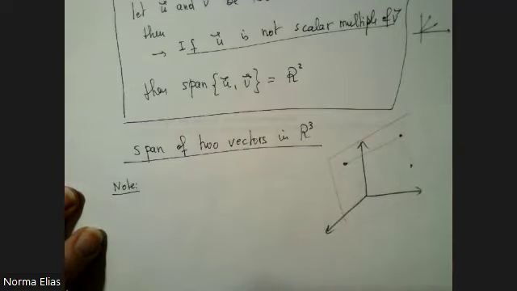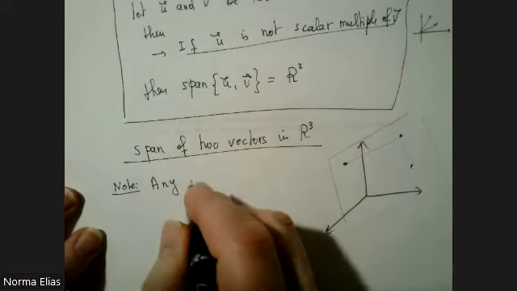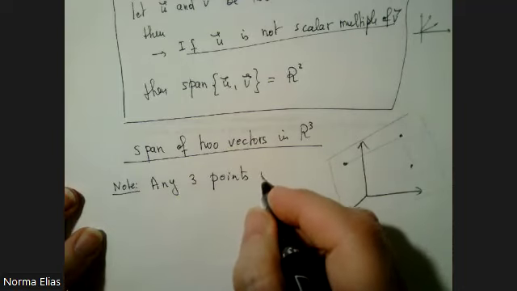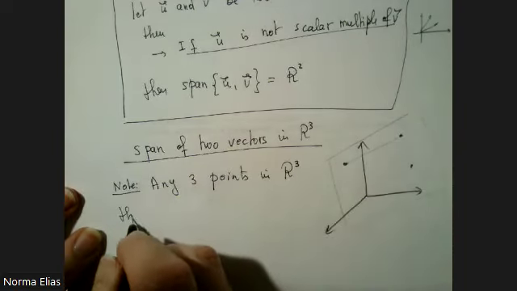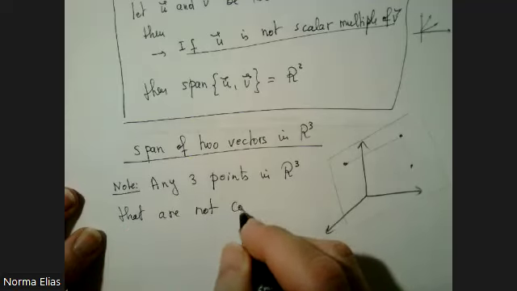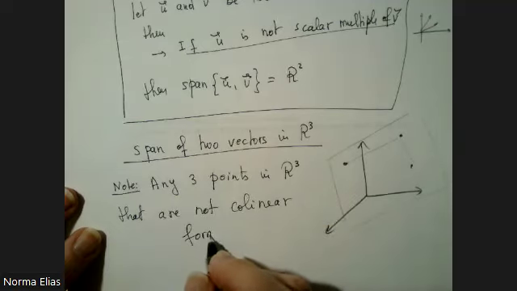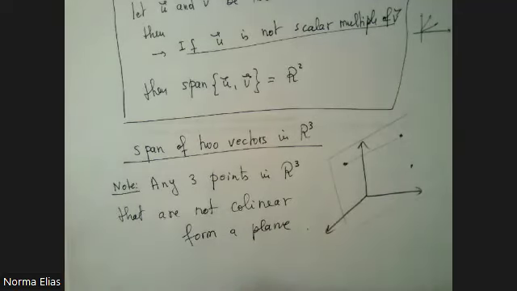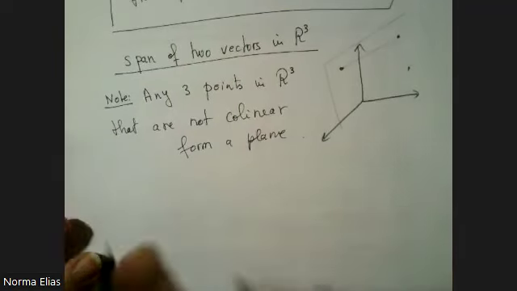So any 3 points in R3 that aren't collinear form a plane. Okay. So now let me consider the following problem.